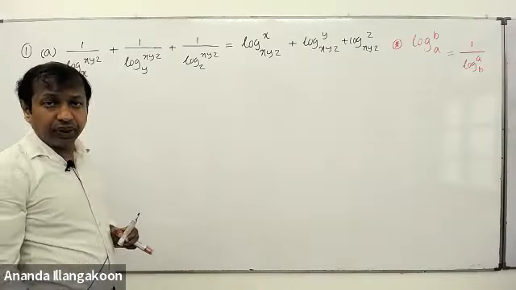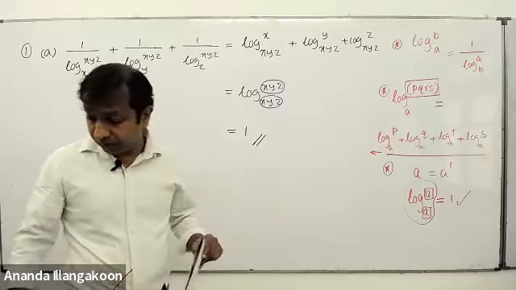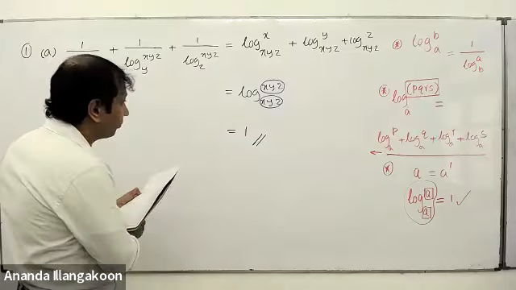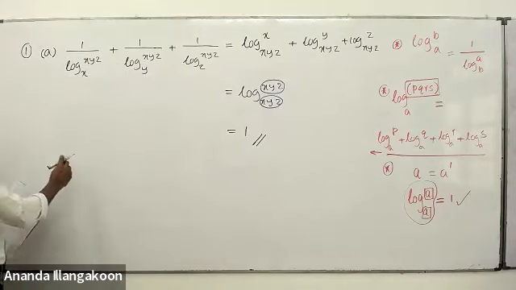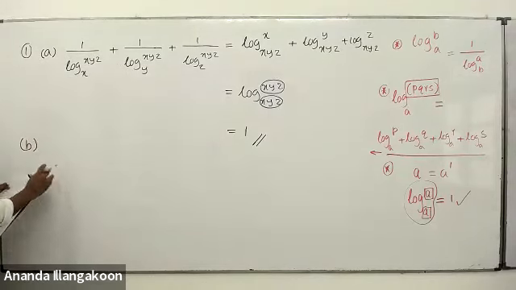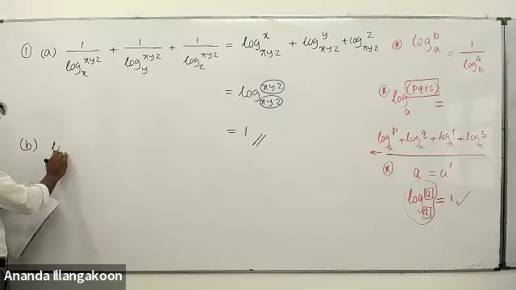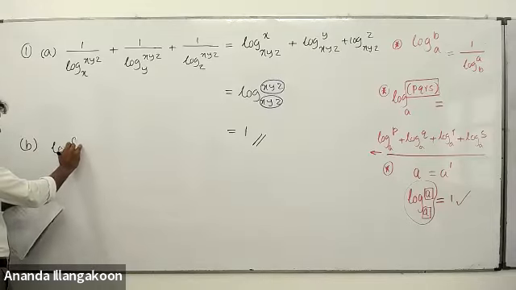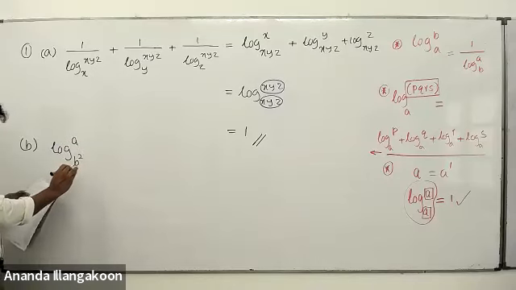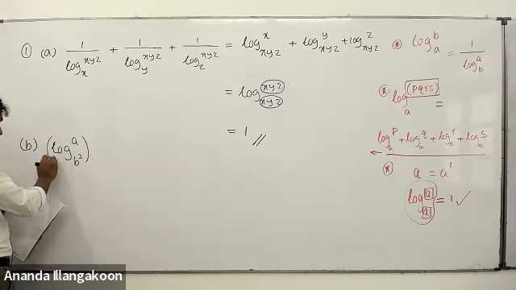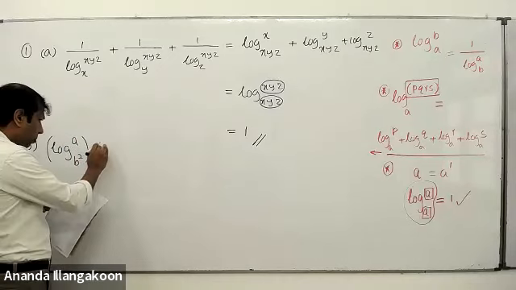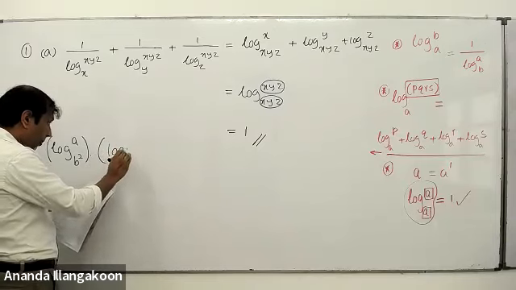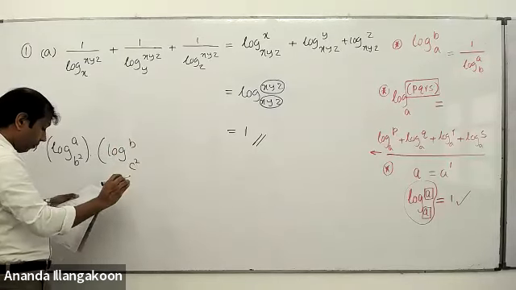People, we move to question number 1, page number 5 in your tutorial, part B. Question number 1, part B. Right. Take that, question number 1, part B. You are given, prove that log a base b squared, that is within brackets, into log b base c squared.